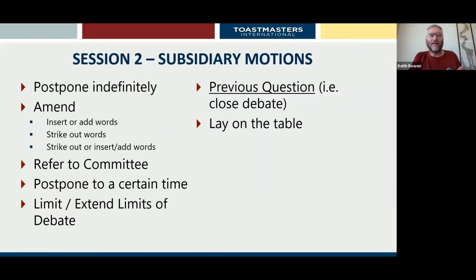Quite tricky here is that you can amend twice. You can have two outstanding amendments. You can't add a third. So as in my example, the original motion is to buy sound equipment. The amendment is a limit to 10,000 Rand. A second amendment is 15,000 Rand, changing the 10,000 to 15,000. That's still allowed.